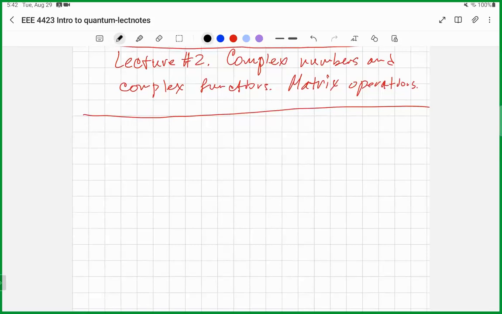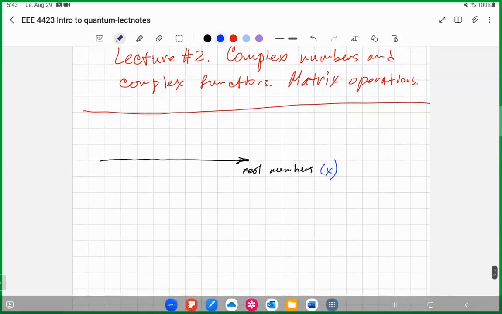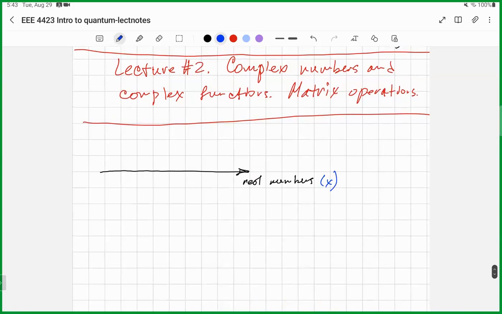So let me remind you the way we introduce the real numbers, right? Real numbers, we can basically put them on an axis of numbers. So let me call this the axis of real numbers. Real numbers, we will denote it by x. So this x denotes the axis of real numbers.